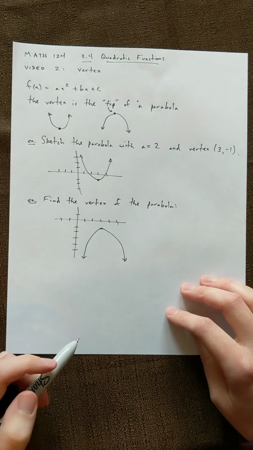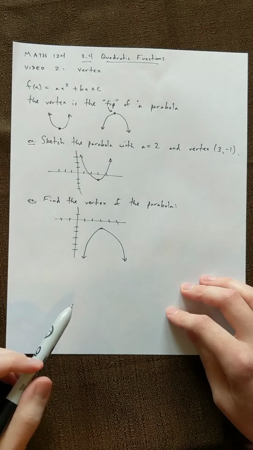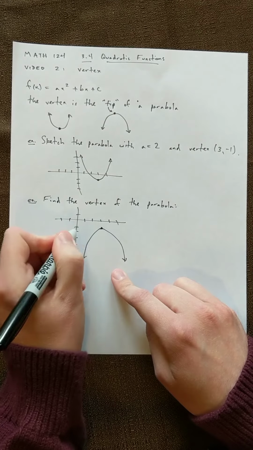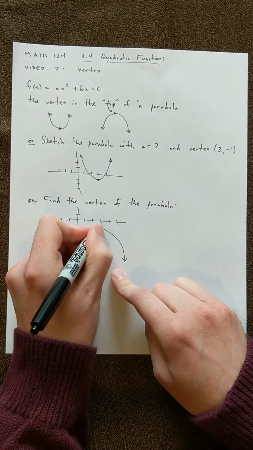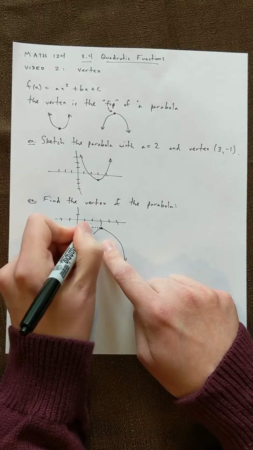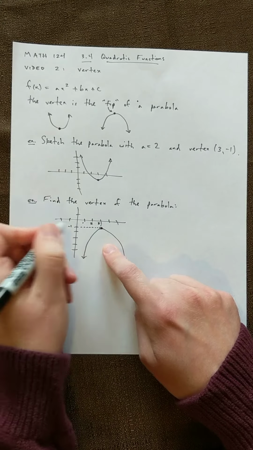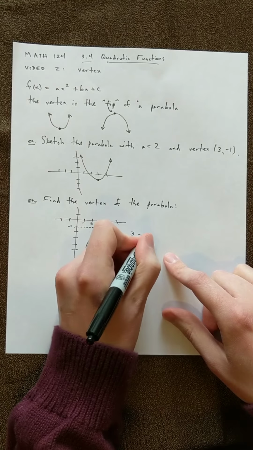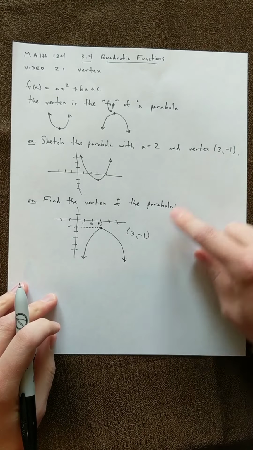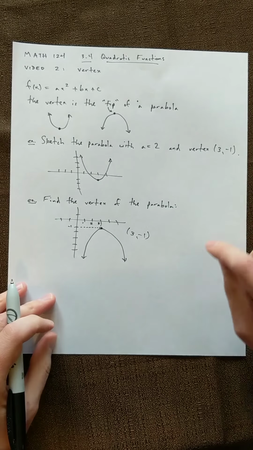Man, I did a terrible job of generating random numbers. But the vertex of this parabola would be the tip, which appears to be this point. Given the graph, it would be that point, which is x equal to 3, y equal to negative 1. Terrible job generating random numbers, since I generated the exact same point.